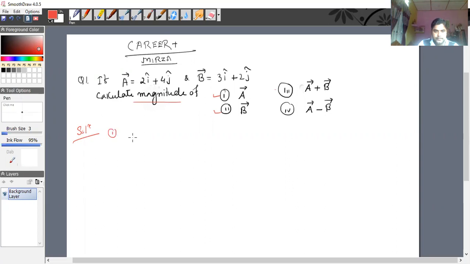We just got AX i plus AY j, that is, the magnitude of A is root over AX square plus AY square. So here the value of AX is 2. So 2 square plus AY, which is 4 square. So that means root 20. So root 20 is the value of A.